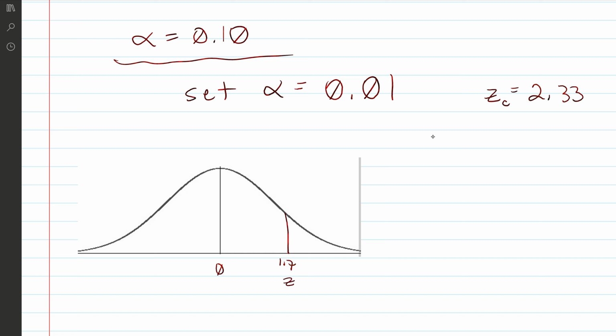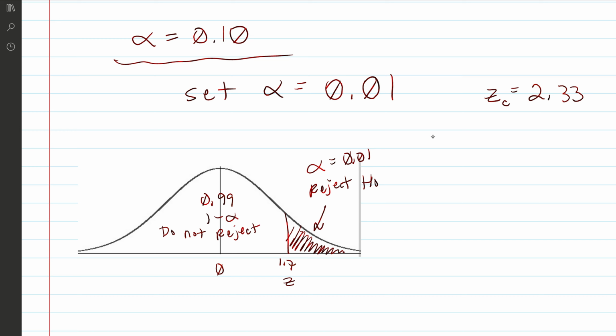This 0.99 is from 1 minus alpha, and we say do not reject H naught, while the rejection region is where alpha is 0.01 and we reject H naught.